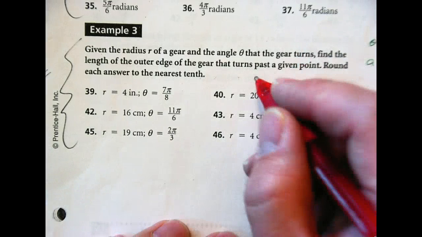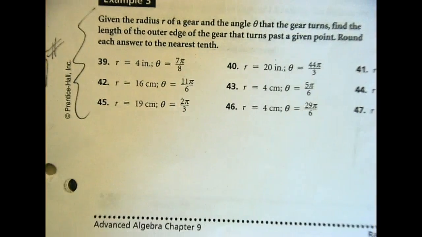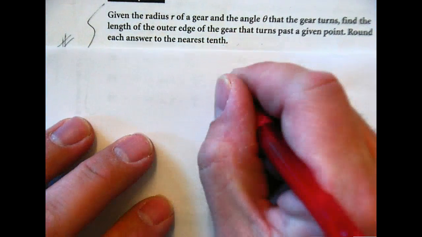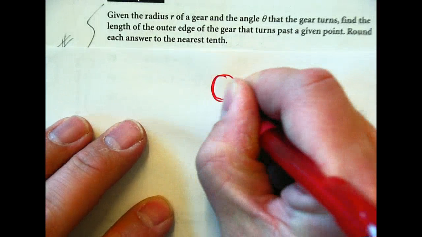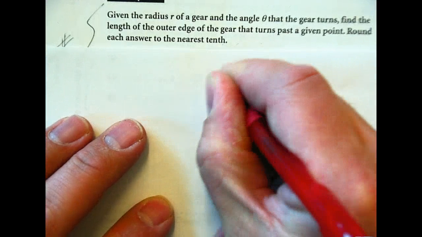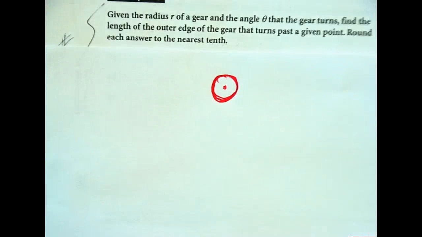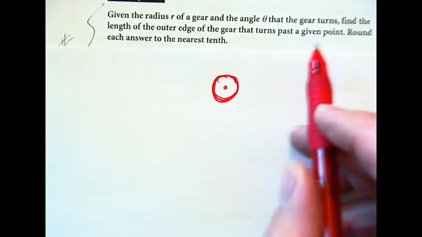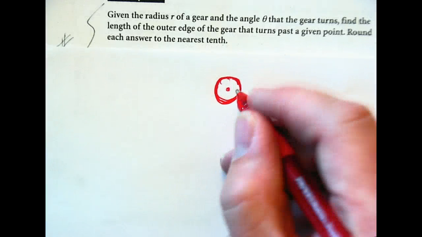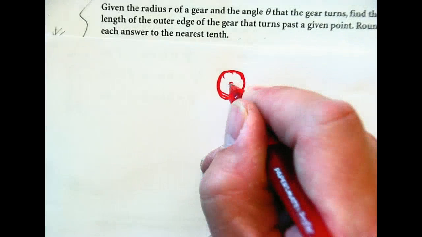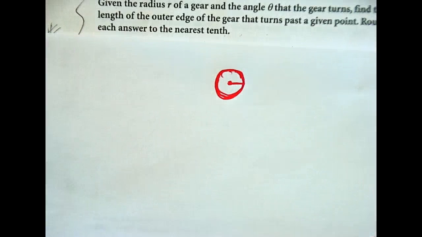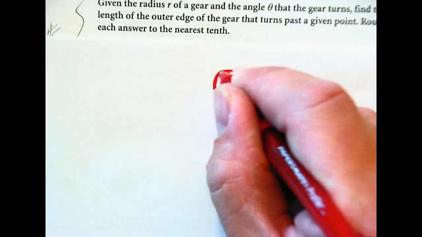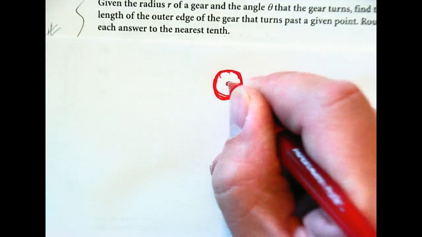So you're thinking of a gear, and when you're thinking of a gear, let's just call it a circle, okay? So if you have a circle, you're trying to figure out how far a gear turns past a given point. So let's say if we focus in on that circle right here, this is standard position of the unit circle, and you think of the outer edge of the circle, what degree are we measuring in?